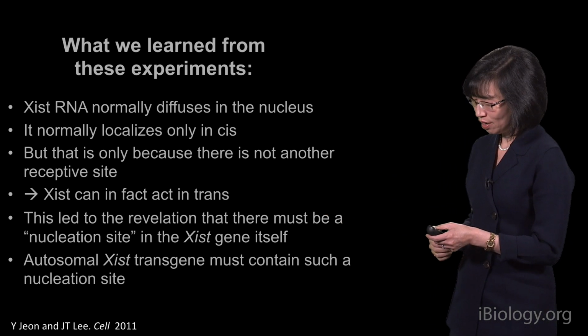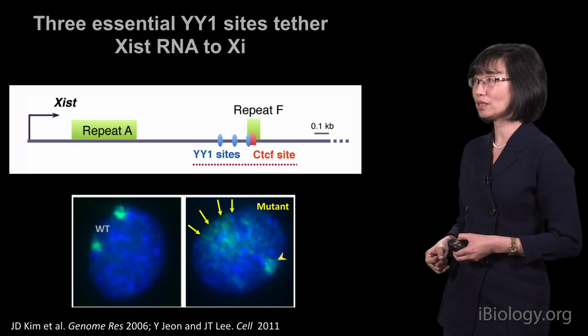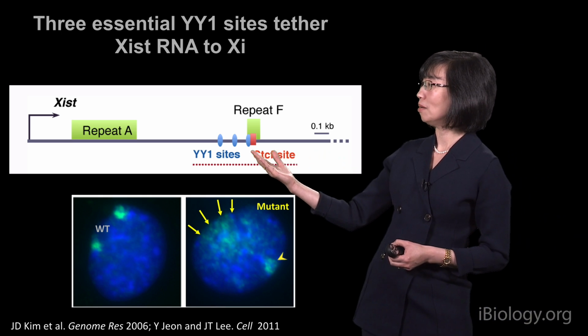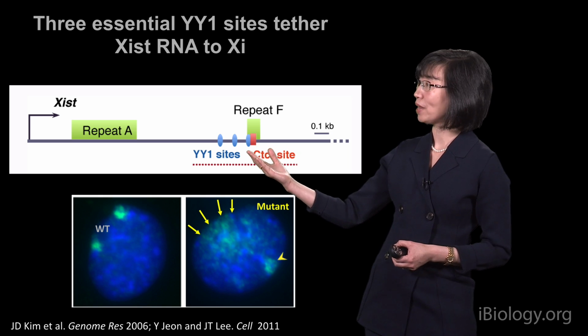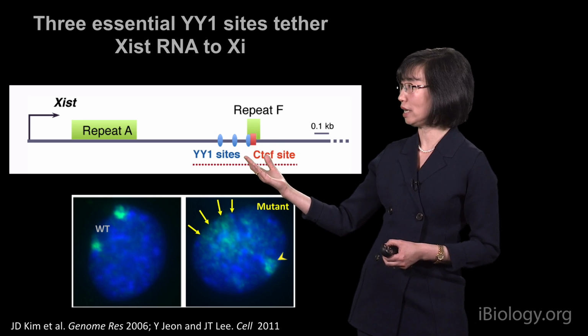And so we went ahead and dug around to try to pinpoint this nucleation site and identified 3 binding sites for a transcription factor called YY1 that was immensely important to this process of nucleation.